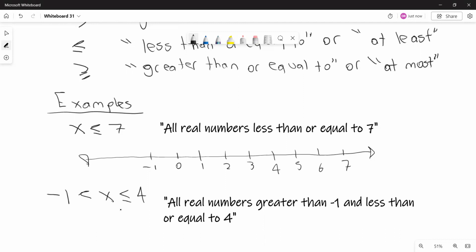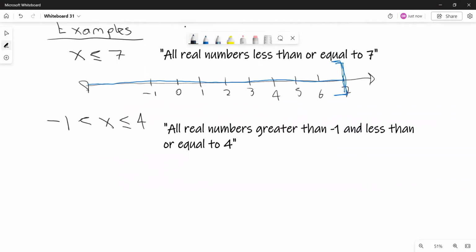We are going to indicate with a bracket. A bracket represents that the end value is included. So it's going to be 7 and anything less than 7.